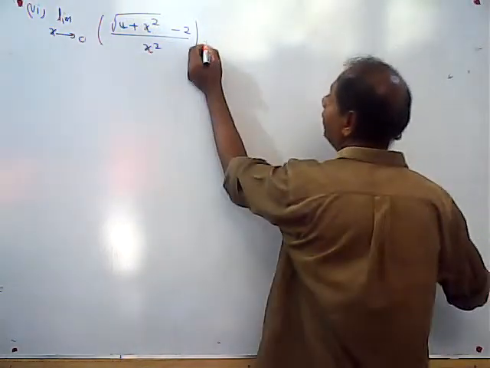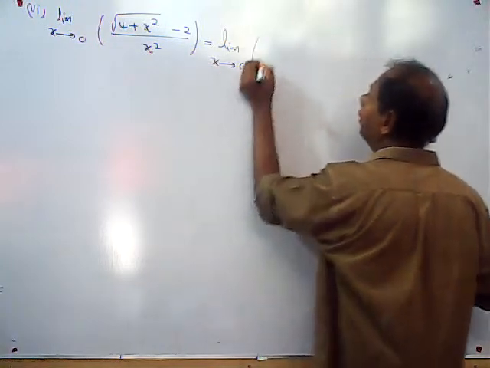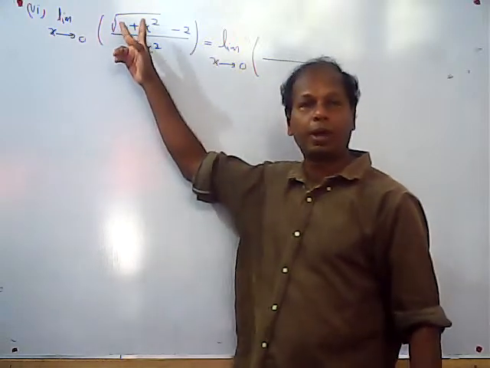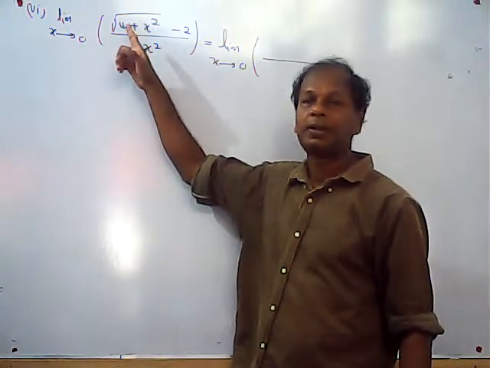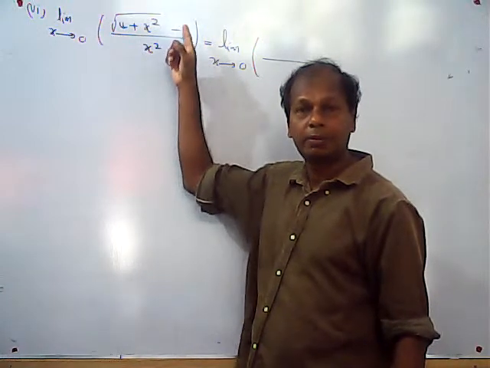And our method in a case like this, especially to deal with this square root, is that we multiply and divide by the same expression, changing the sign in the middle here and making it plus 2.